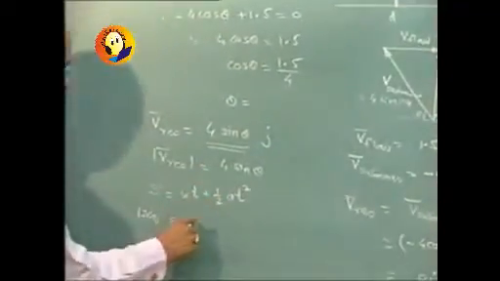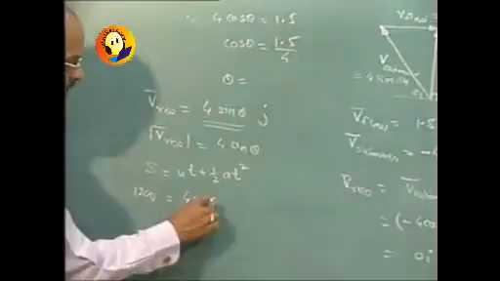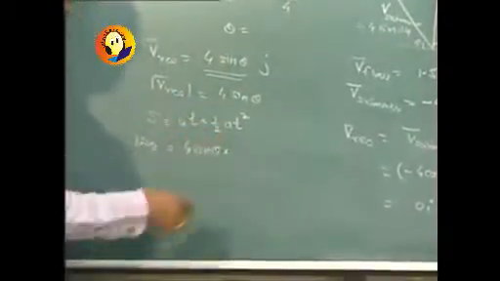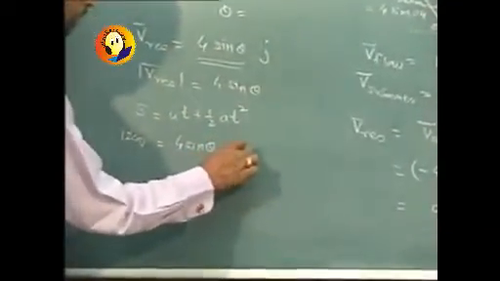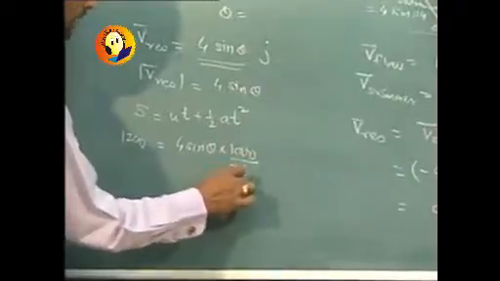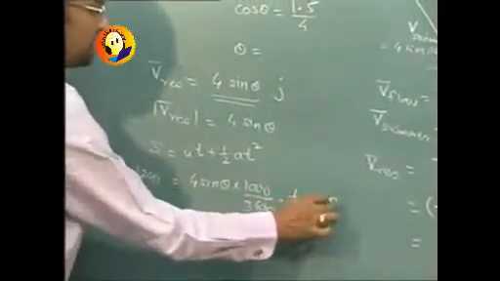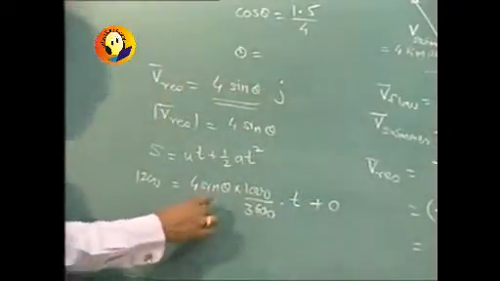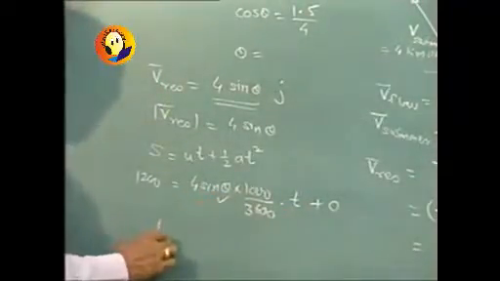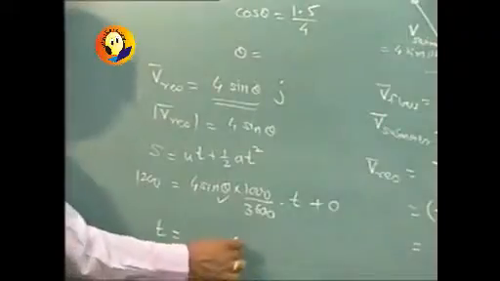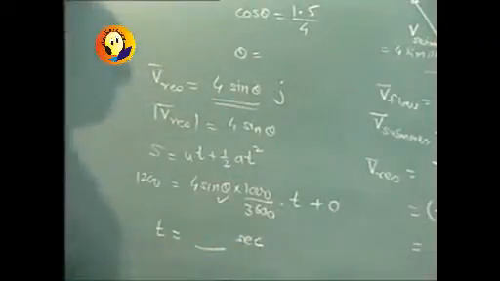U we have as 4 sin theta, but remember that it is in kilometers per hour, so you will have to convert it to meters per second. Into time t, and acceleration is 0. As theta is known to us, we can determine the time taken to cross the river, these many seconds.